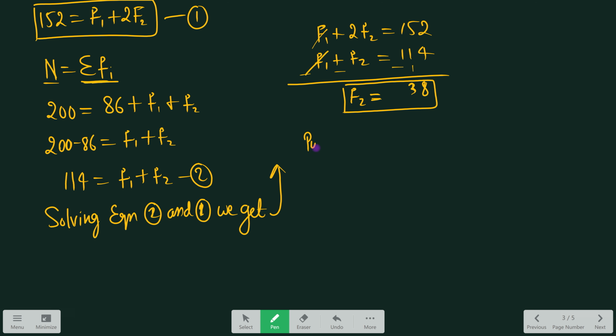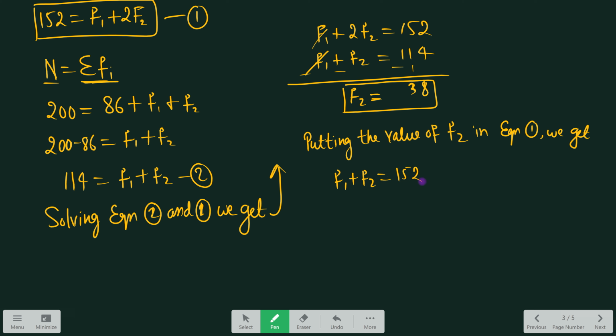So putting the value of F2 in either equation 1 or 2, equation 1 we get. Equation 1 is F1 plus 2 F2 is equal to 152.